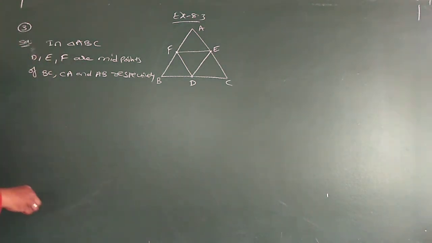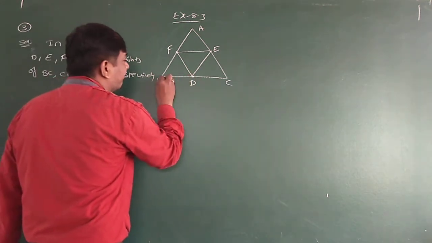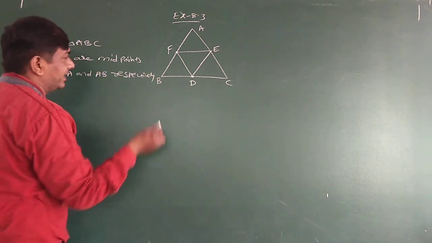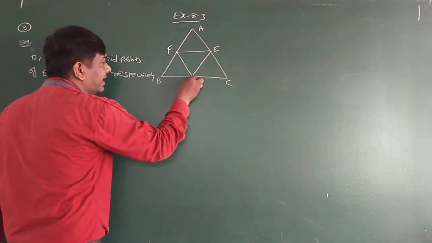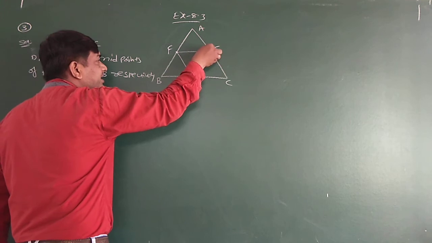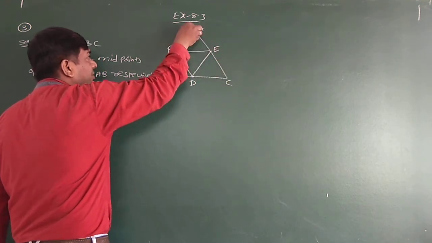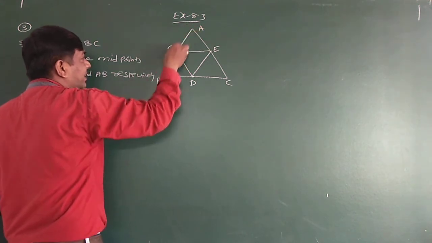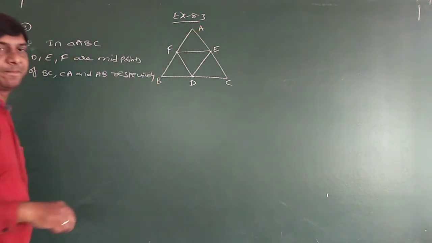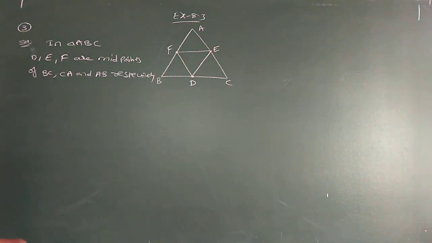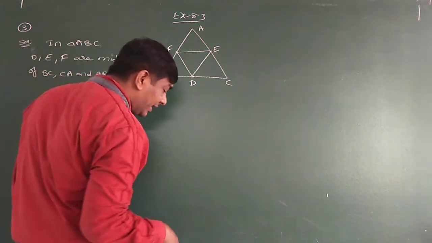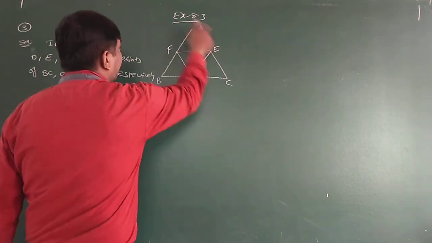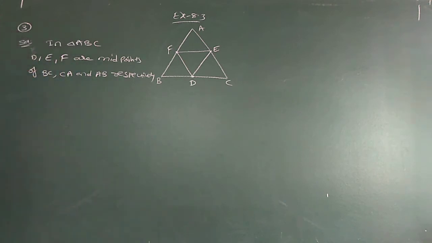Since D is the midpoint, BD is equal to DC, E is the midpoint of CA so CE is equal to EA, and F is the midpoint of AB so AF is equal to FB. Am I clear? Now I have to find the ratio of triangle DEF and the whole triangle ABC.